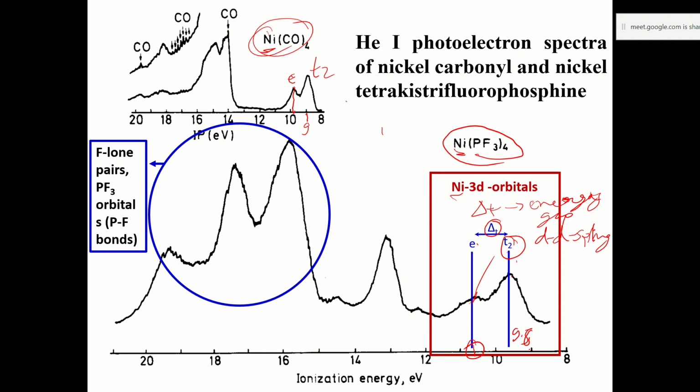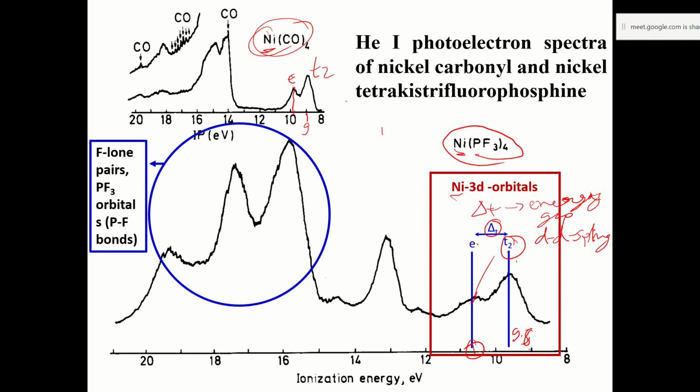So ionization energy of d orbitals shift to higher values, slightly higher in case of PF3 complex as compared to carbonyl complex. So that again tells you that PF3 complexes are more stable.